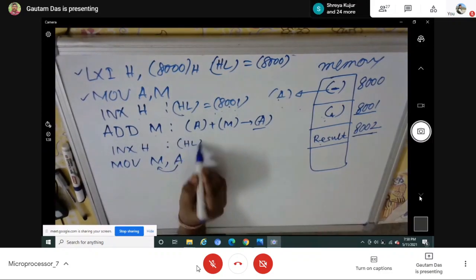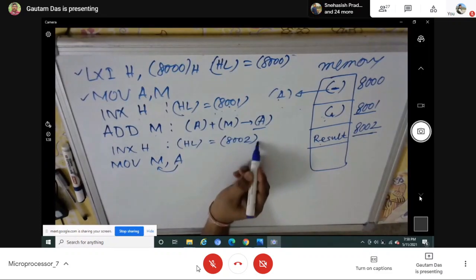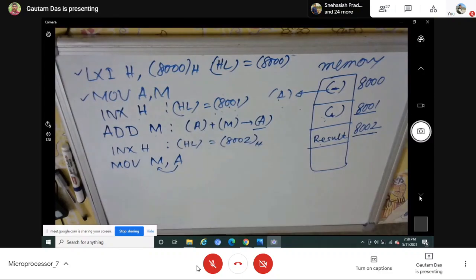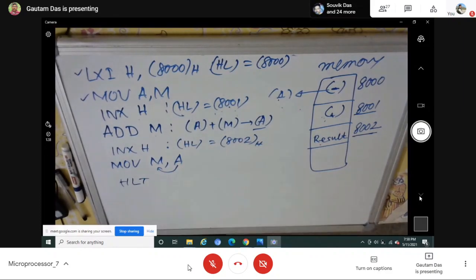So your HL content will now become 8001 plus 1, so it is 8002. Then you write MOV M, A, so your result is moved into the memory. Accumulator content means the result of addition is moved into the memory.